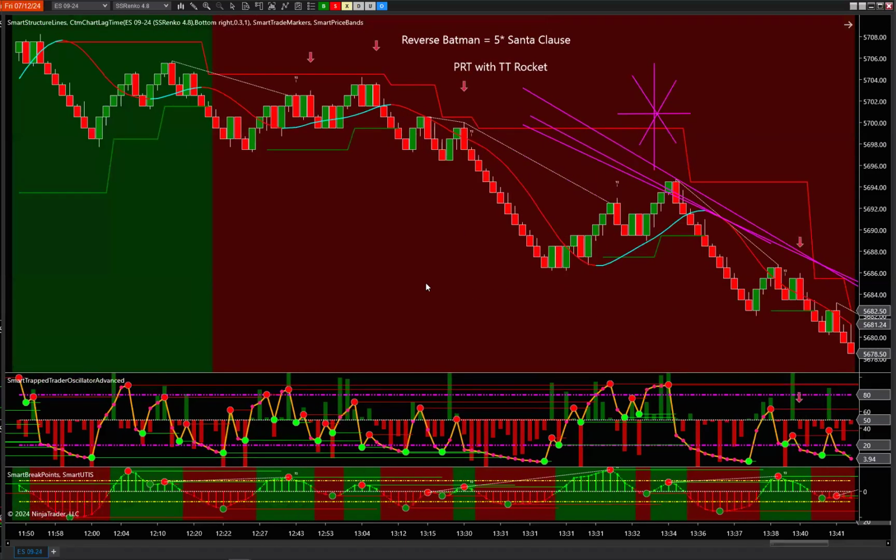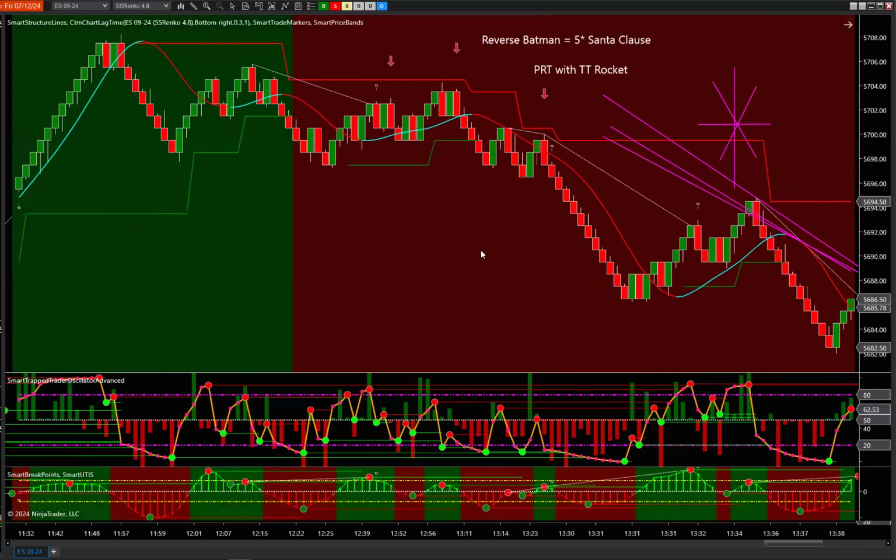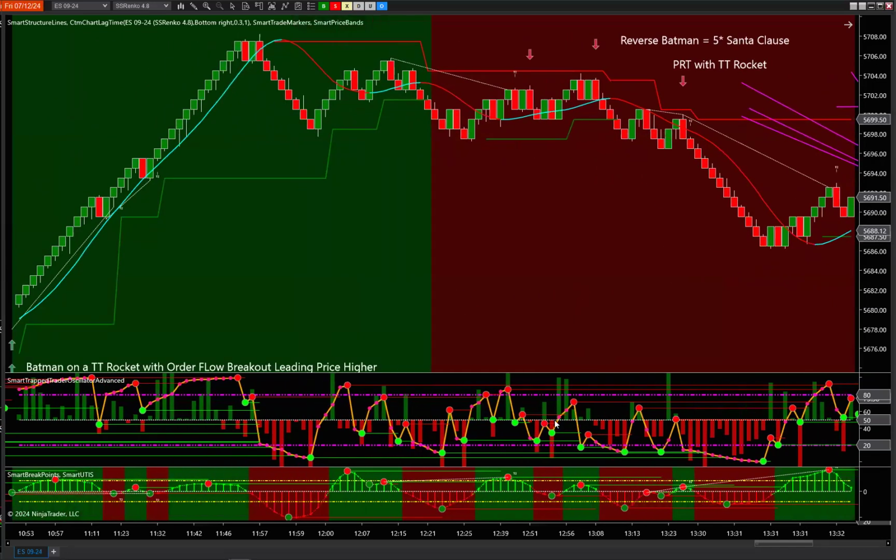So we talk rockets, and let's talk about the Santa Claus, the reverse Batman for Santa Claus. Basically all that is, we look at a tightly congested trap trader oscillator reading order flow. So we have a tightly congested order flow in here, and we break through red and green with the same bar.